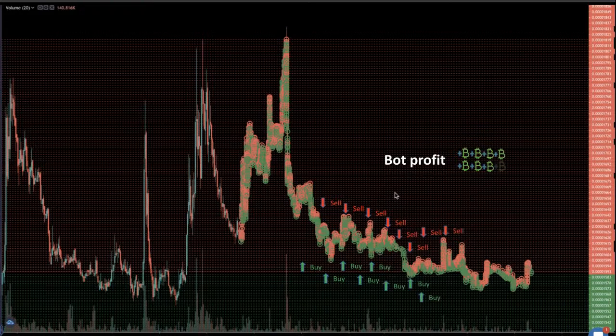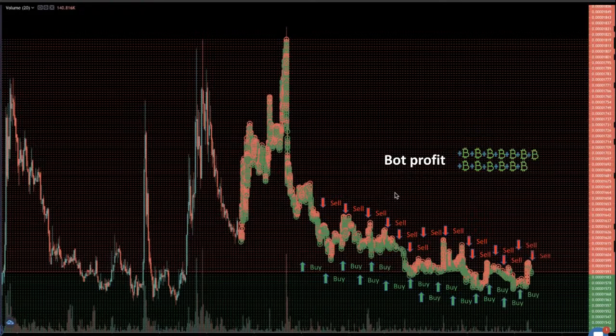And that's the way to accumulate profits automatically regardless of the market direction. So here you can see we are in the downtrend, all right, but the bot keeps making profits, and I will later explain to you how this can be used in hedging your risk.